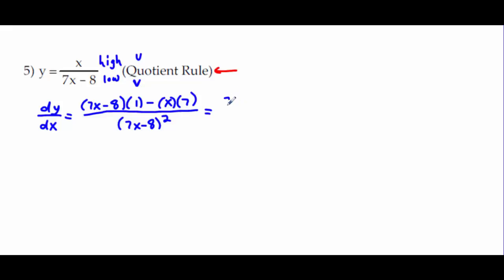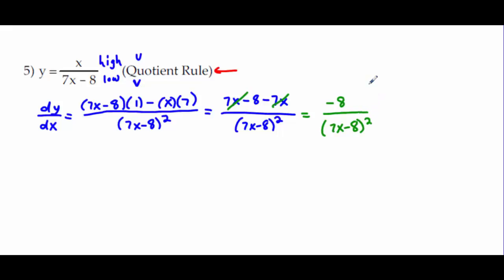So this is really just 7x minus 8 minus 7x. So our 7x and our negative 7x are going to cancel, leaving us with negative 8 over 7x minus 8 squared.